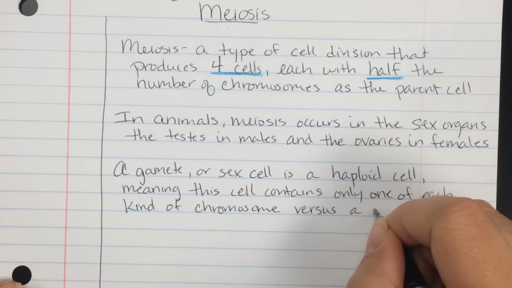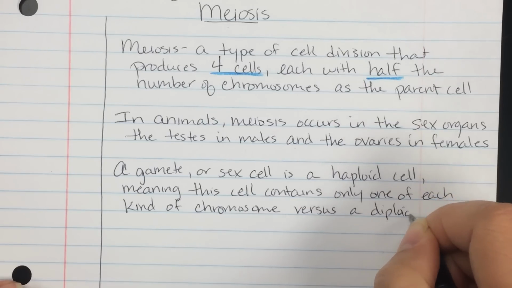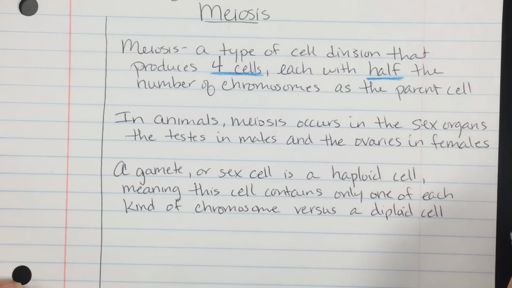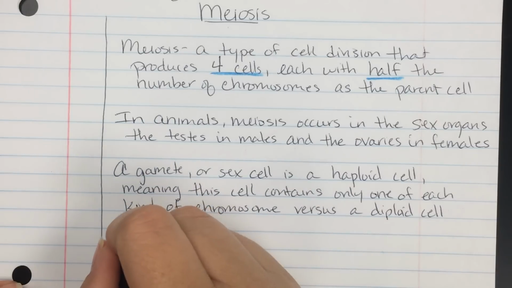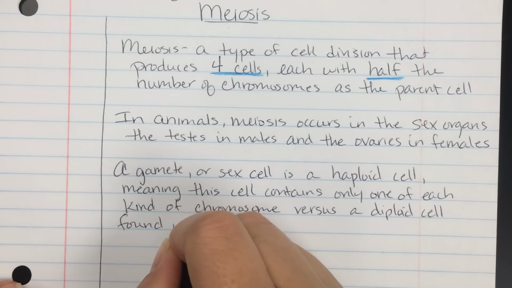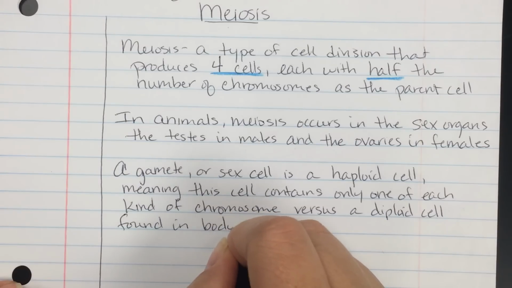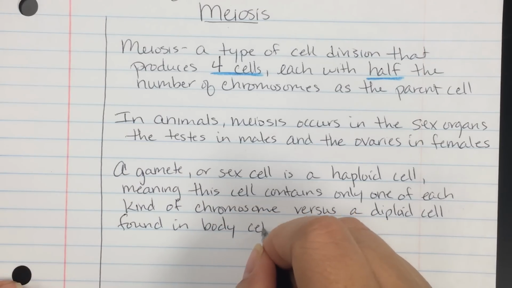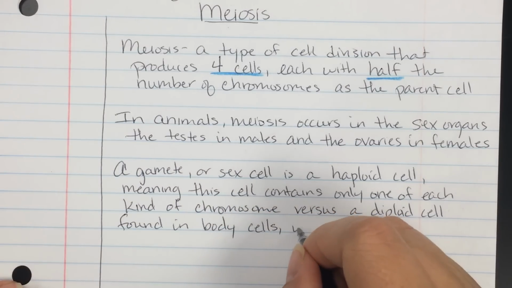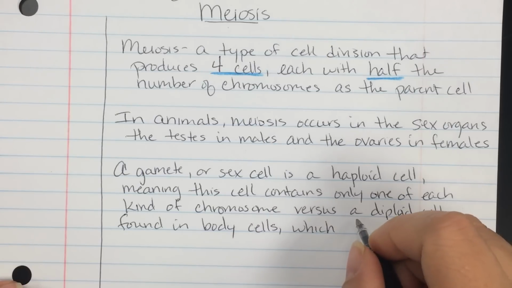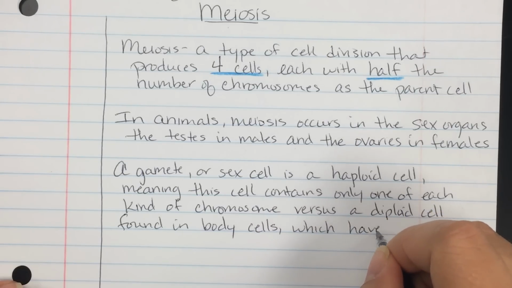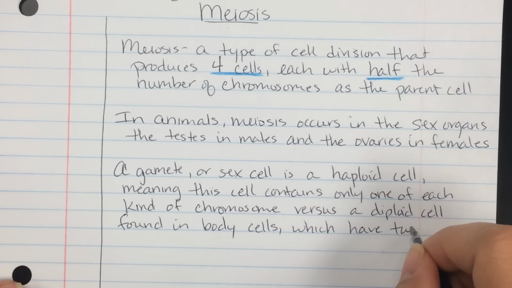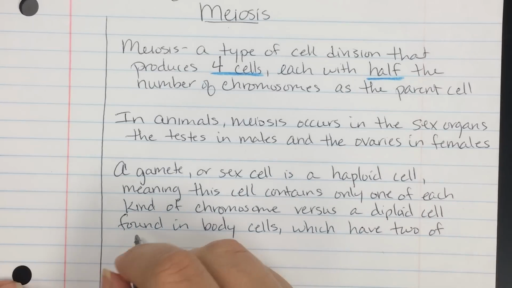Versus a diploid cell found in your body cells, which have 2 of each kind of chromosome.